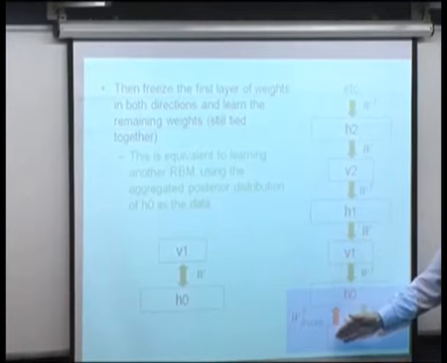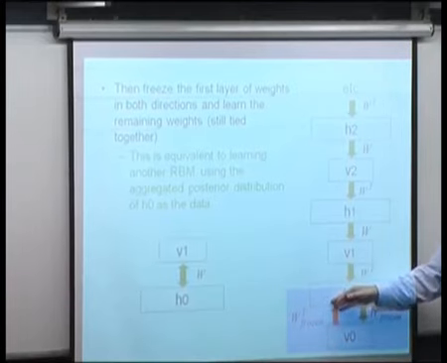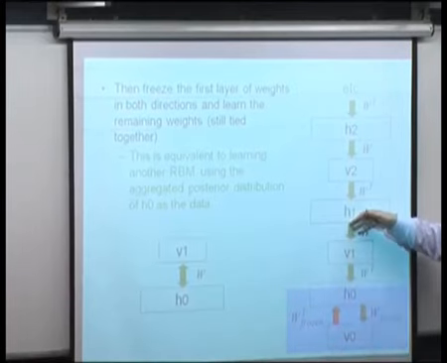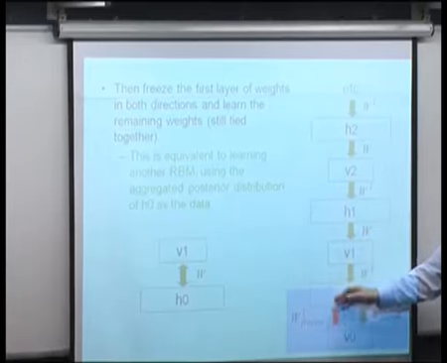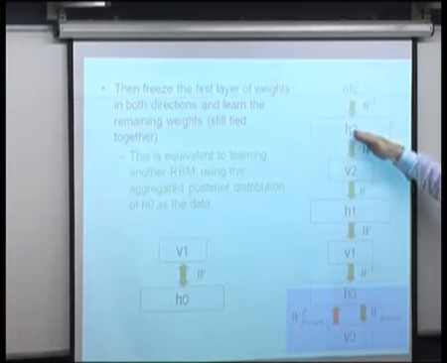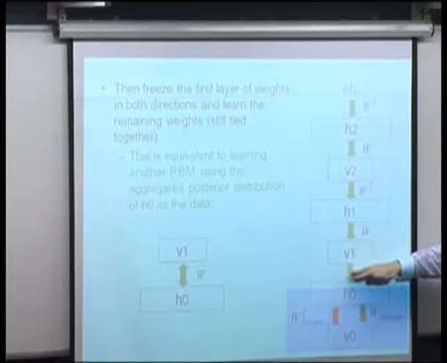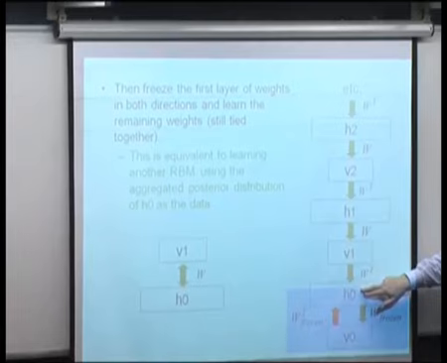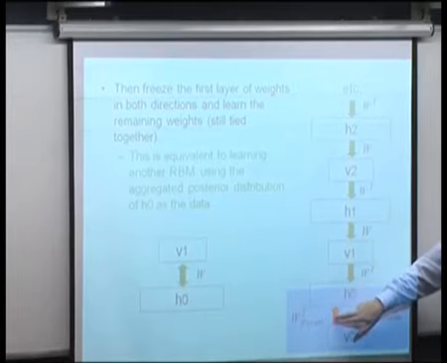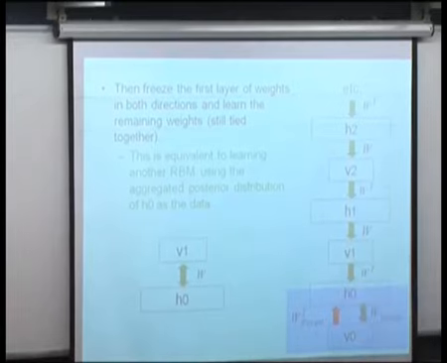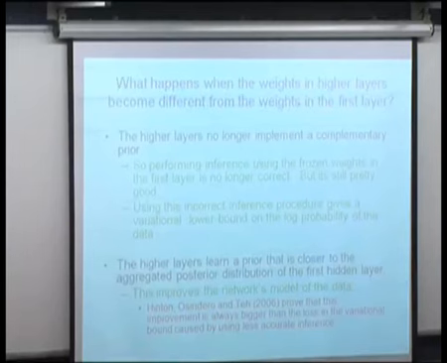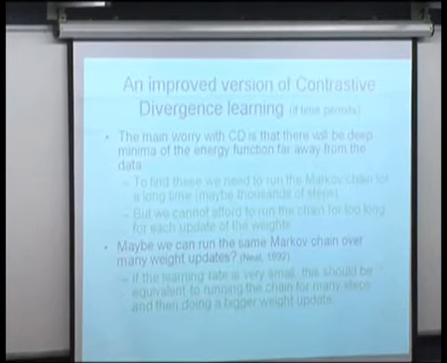But at least I started from the right way of doing inference as opposed to something that was hopelessly wrong, like in variational inference. And now, as I change these weights, they're actually going to be very unhappy if they make this be doing inference wrong. So this will stay pretty good. And it turns out that what you win by changing these weights to get a better model of this is always going to be more than you lose by the fact that this isn't doing correct inference anymore. I'm not going to go into that anymore.